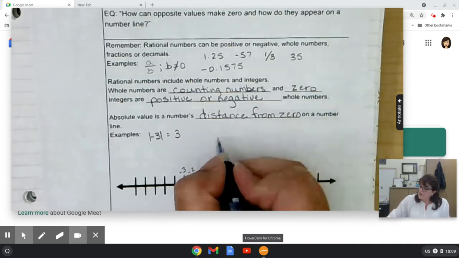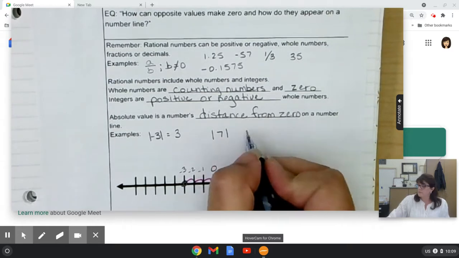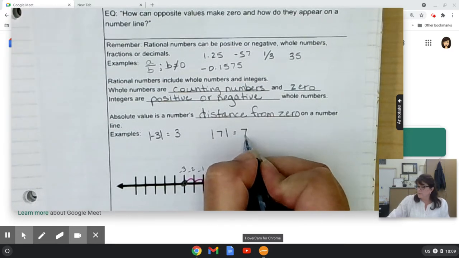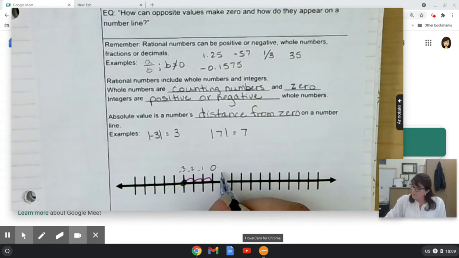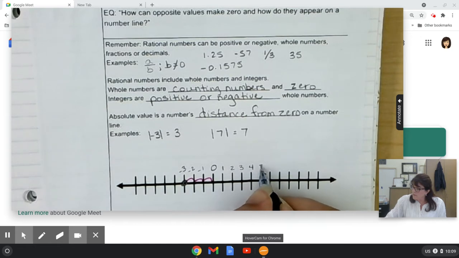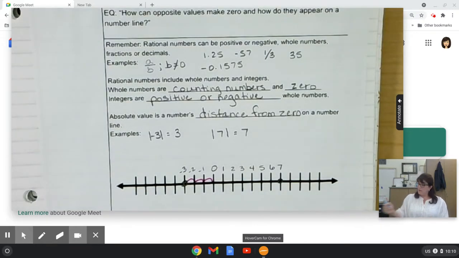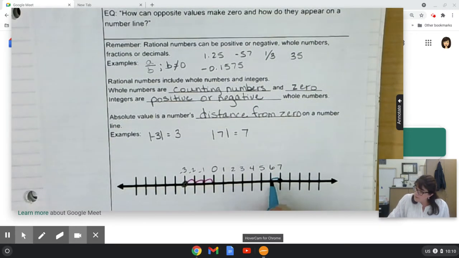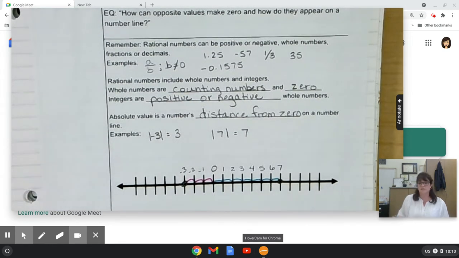The absolute value of 7 is 7. Because if I put 7 on our number line, notice it is 1, 2, 3, 4, 5, 6, 7 spaces from 0.